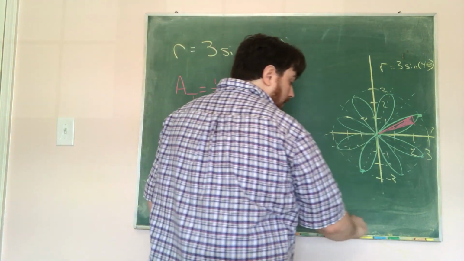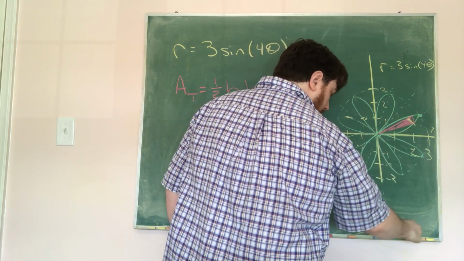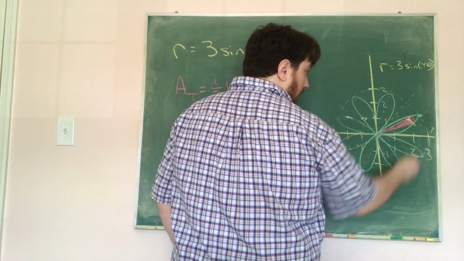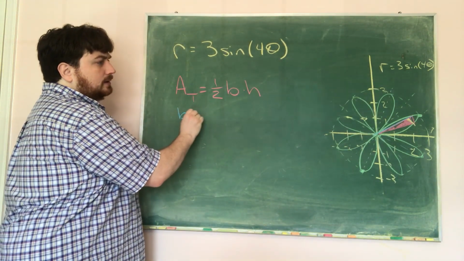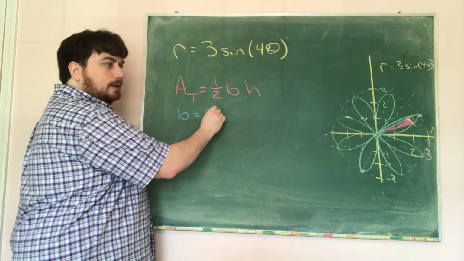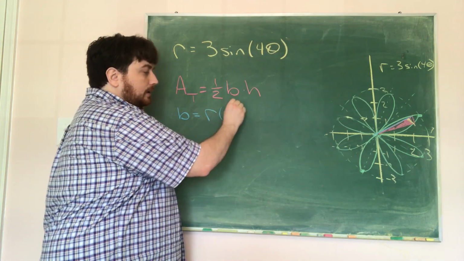And so now my base is going to be, well, that's just the radius based on the angle that I'm looking at. So that's going to be r of theta.